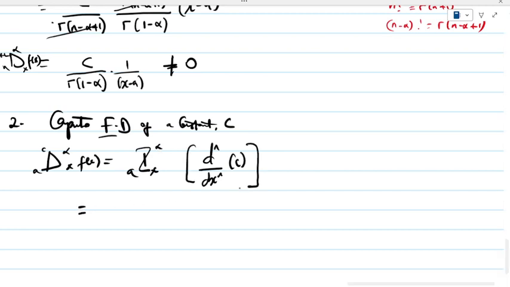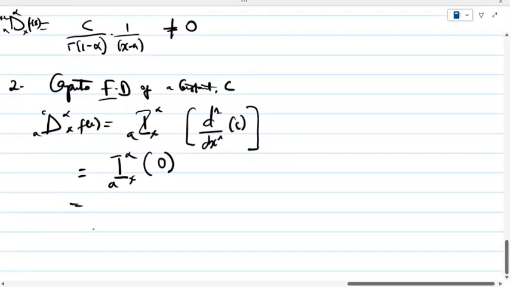Alright, so since c is a constant, no matter the value of n, if we differentiate it, we are going to have 0.